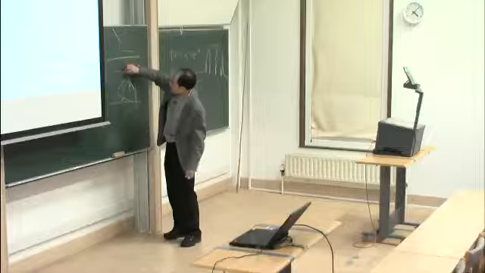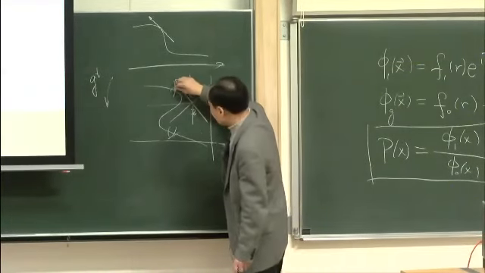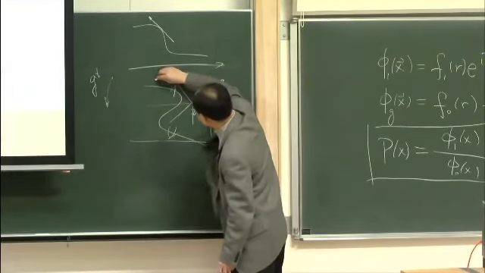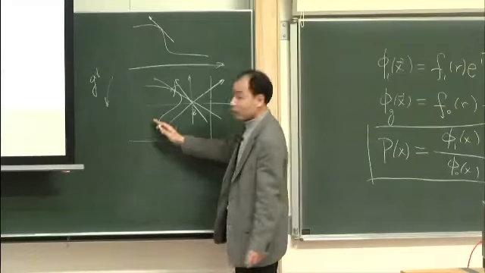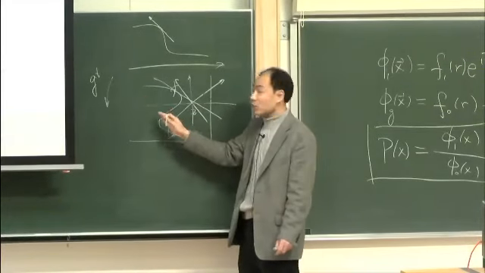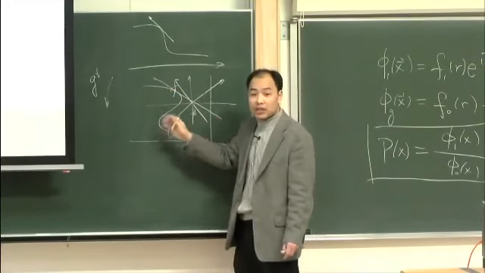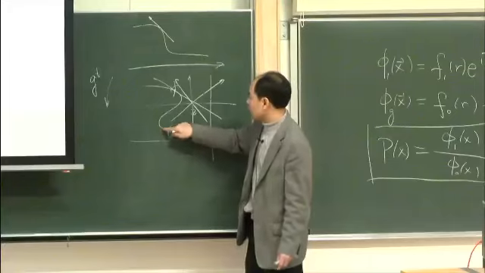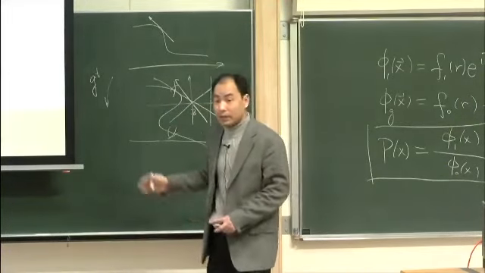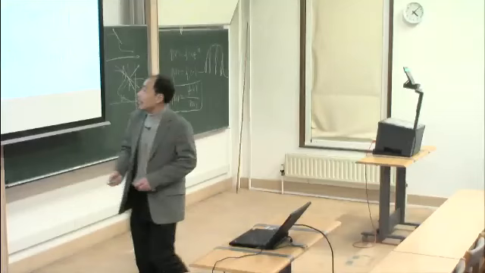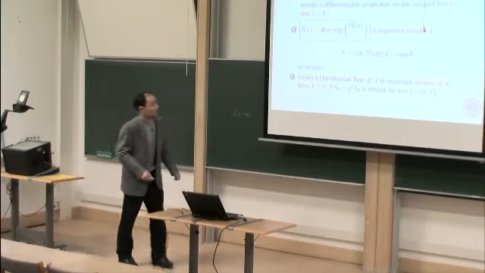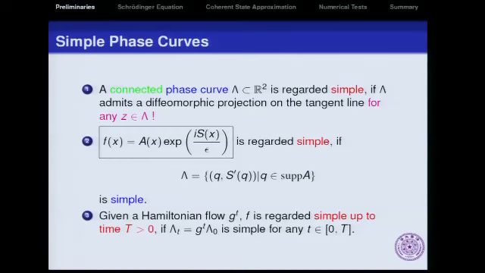For example, if we put the phase point here, and then in this direction you project this Lagrangian curve onto this line, it's not single-valued. Obviously here it's multi-valued. So this one is not simple. But you can prove, it's quite easy, that for any given WKB function, I say it's simple if its Lagrangian manifold is simple.